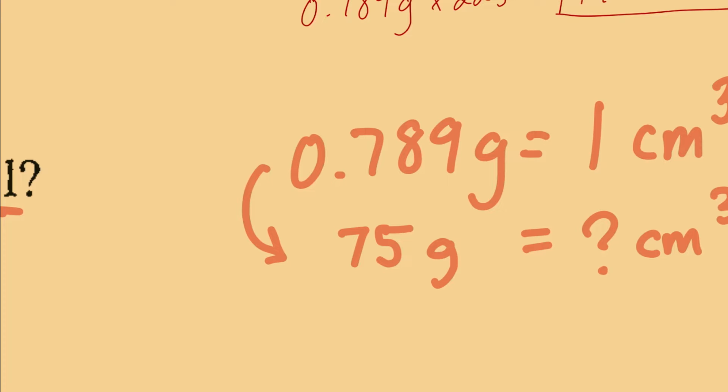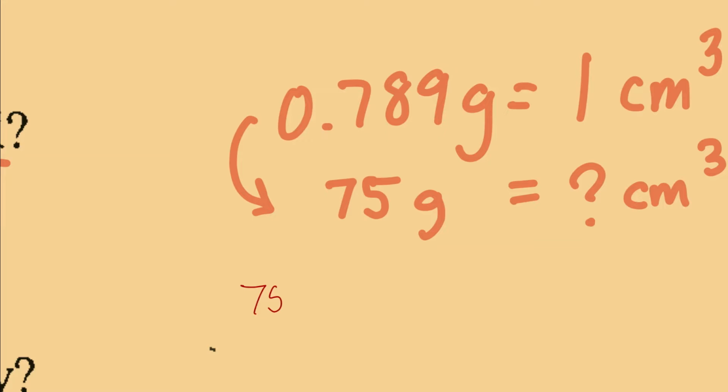Well, sure we can. We can do a little bit of division. We can say 75 divided by 0.789 equals what? Let me get my calculator. 75 divided by 0.789 is 95.057 times bigger. Well, okay, so if this goes into that 95 times, then to get from the top to the bottom, I need to multiply by 95.06, let's say.